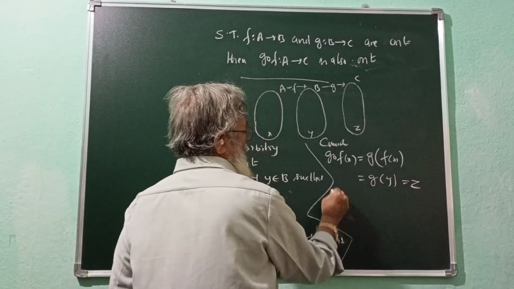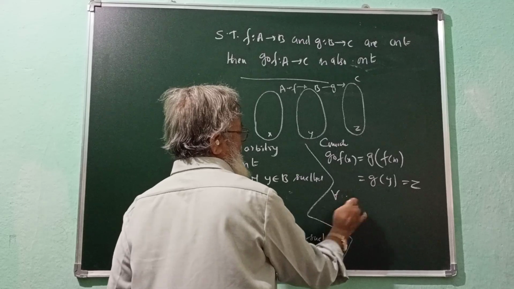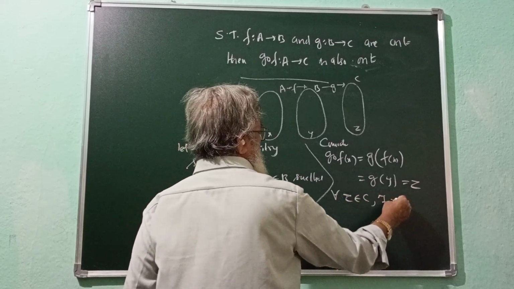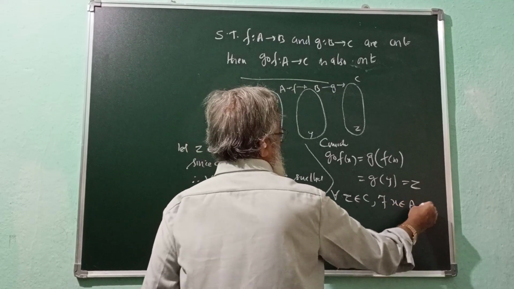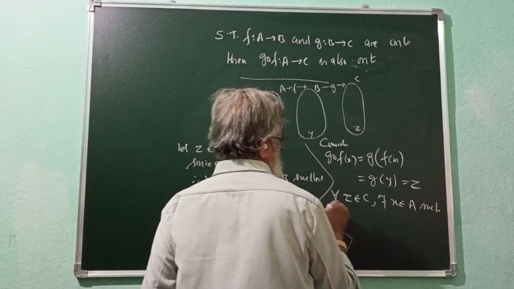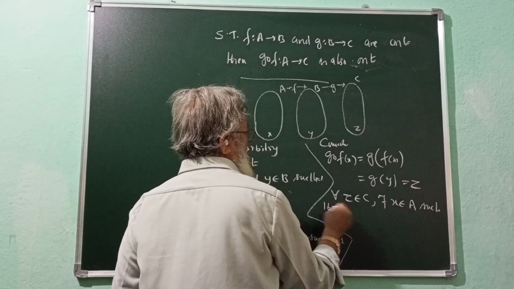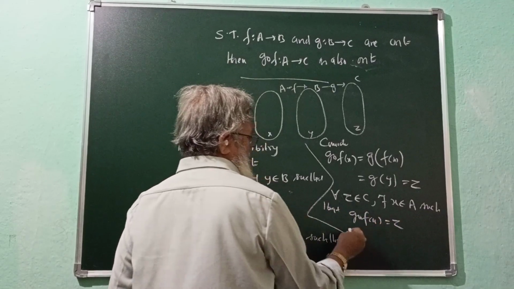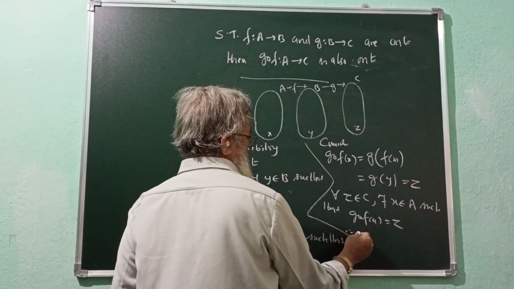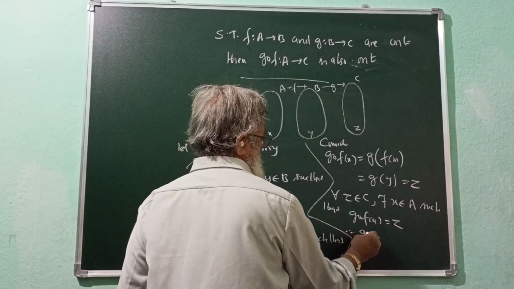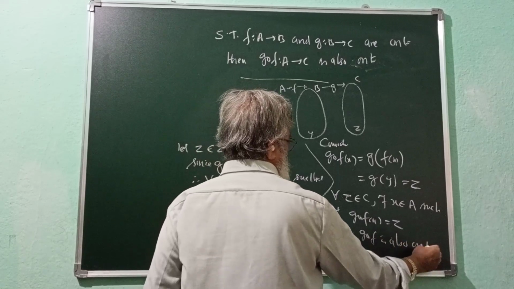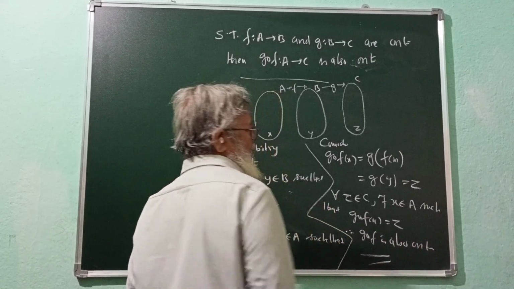So therefore, for every z belongs to C, there exists x belongs to A such that g composition f of x is equal to z. Clearly, therefore g composition f is also onto. That will be the required proof.